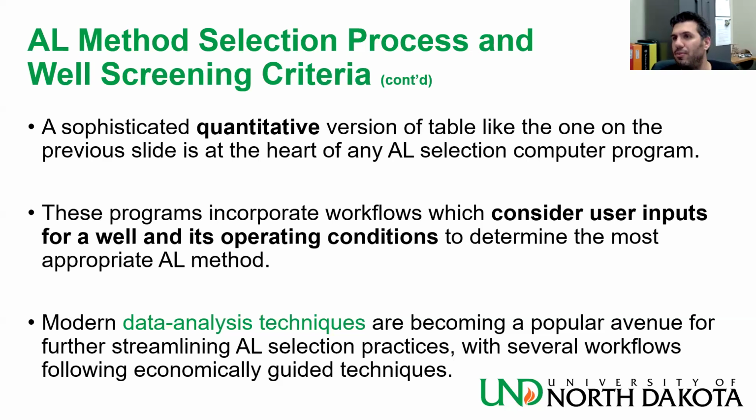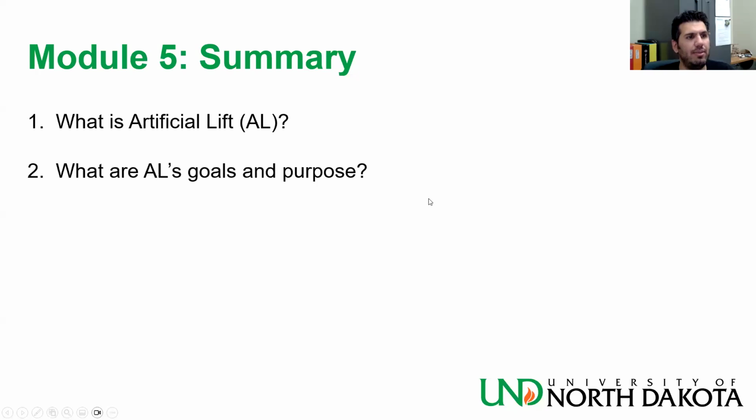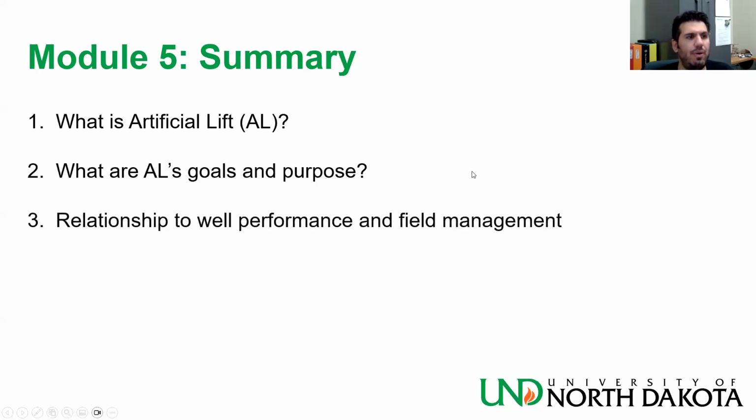Now, that was module 5. Summary. We learned what is artificial lift. We learned what are the goals and purpose of artificial lift. We talked about the relationship to well performance that we saw in module 4 and field management.